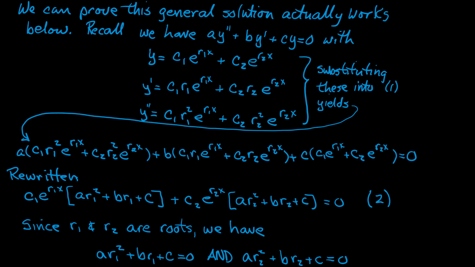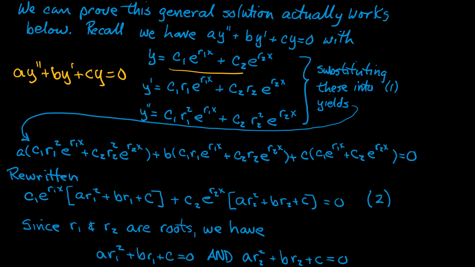Then we're going to take these three equations and substitute them back into our original equation. Recall our original equation was ay double prime plus by prime plus cy equals 0.